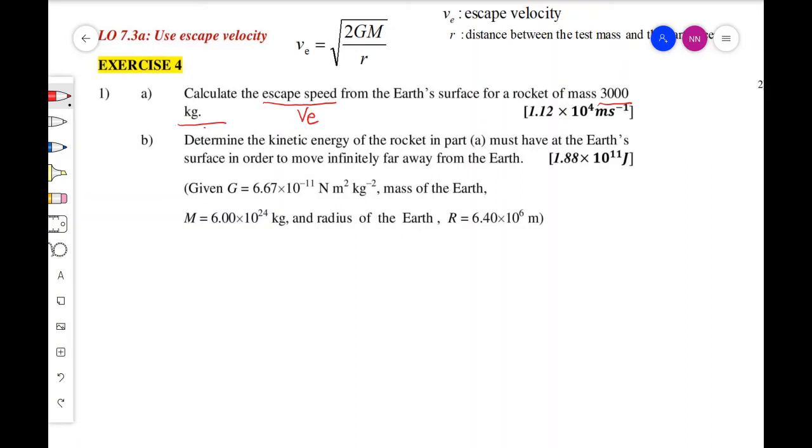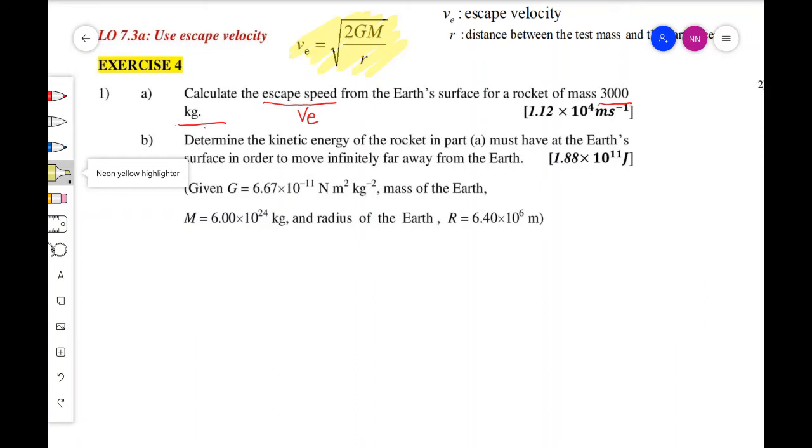Okay, so kita dah ada formula dia kat sini. VE equals surd 2GM over r. Okay, ni formula dia, yang mana G tu adalah gravitation constant, M tu adalah point mass.